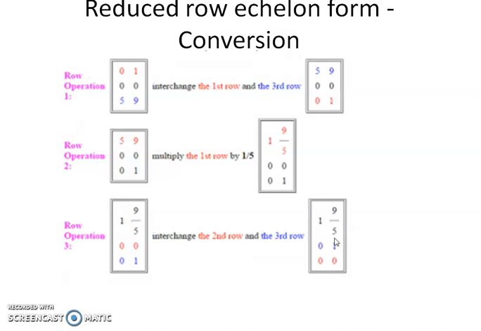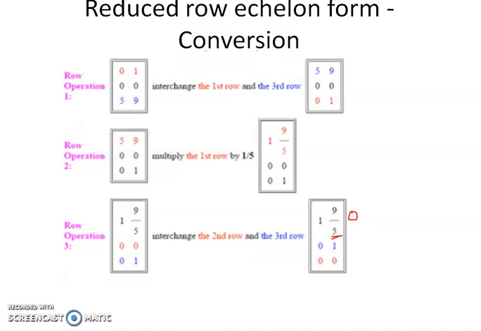Why? Because the value above the pivot in the second column is 9/5. So you need to perform some operation on that row so that this value becomes 0.